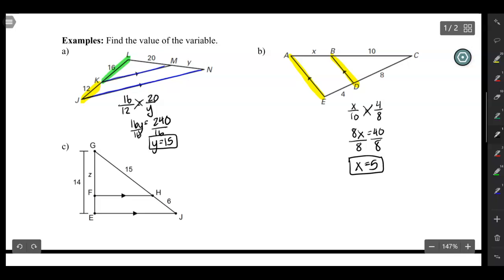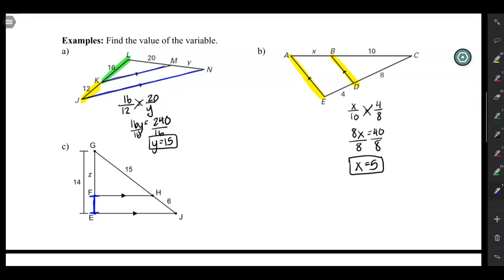All right, let's look at C. We've got the same thing going on with C, but it is going to be a little bit trickier. We're going to have one extra step. I have two parallel lines, so I'm going to be able to set up a proportion, but I need to do a little extra work first, because I need to know what this length FE right here is.